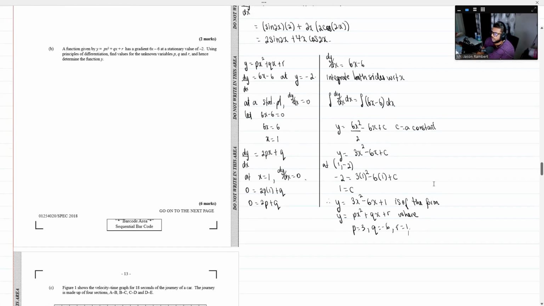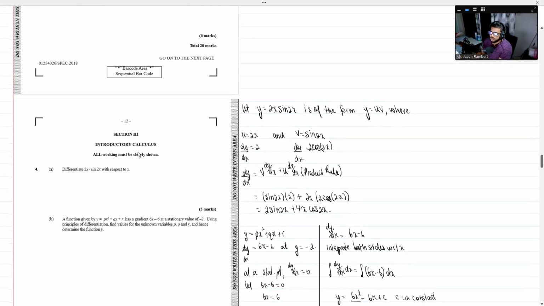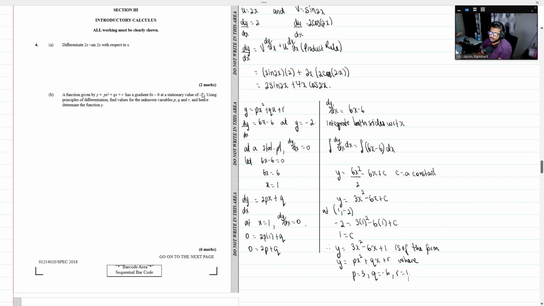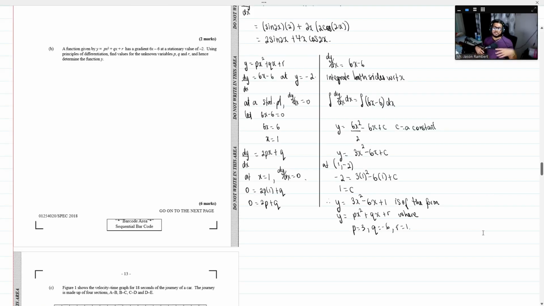Now, one reason I would have been a bit reluctant to dive into integration here is because number 4 would test differentiation. And they said using principles of differentiation, which I used in the beginning, and then I used the principle of integration, which is, to me, no problem, because I did use principles of differentiation in the working.